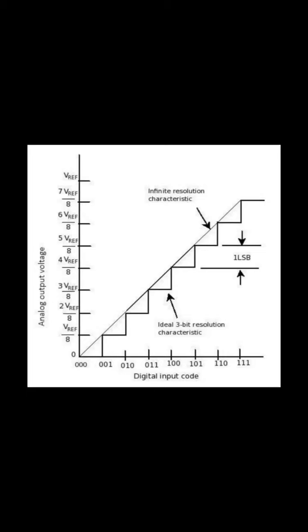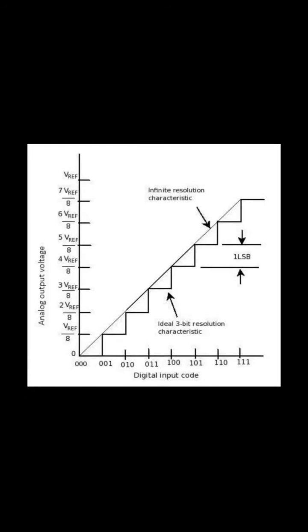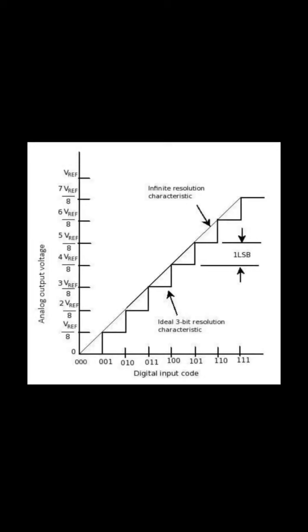Whenever we go from the code 000 to 111, the output will change in steps of 5 by 8 volt, and the maximum output corresponding to 111 is 35 by 8 volt. This maximum output voltage from the DAC is known as the full scale output voltage.